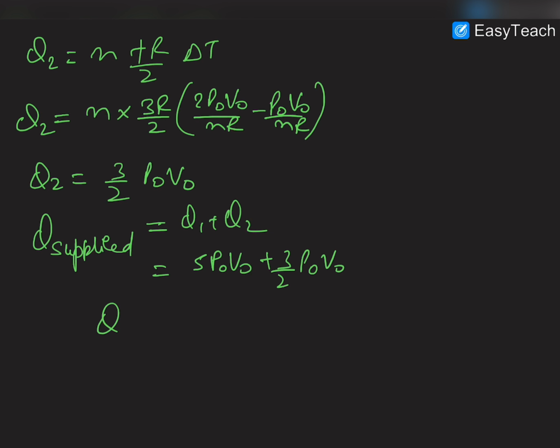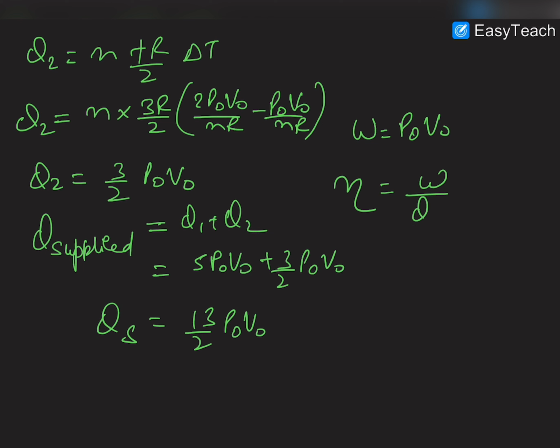So Q supplied will be equal to 13 by 2 P naught V naught, and work done was P naught V naught. So efficiency in this case will be work done upon heat supplied. So efficiency will be P naught V naught upon 13 P naught V naught by 2, so it would be 2 by 13.